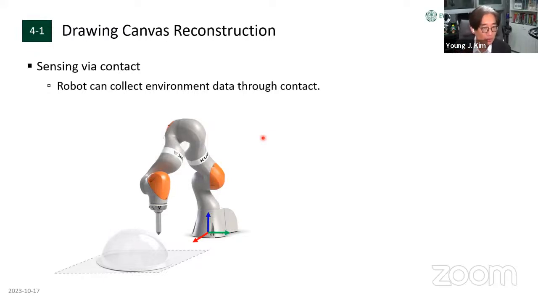So in this case, we use a robotic manipulator attached with a force or torque sensor so that by touching the surface or target canvas, we can find the contact point from the force sensors.